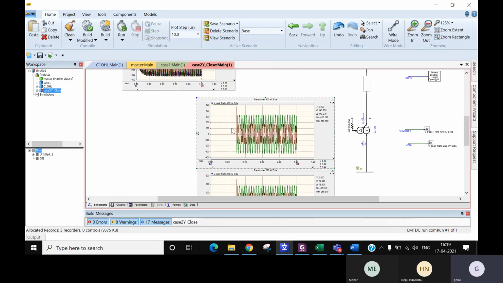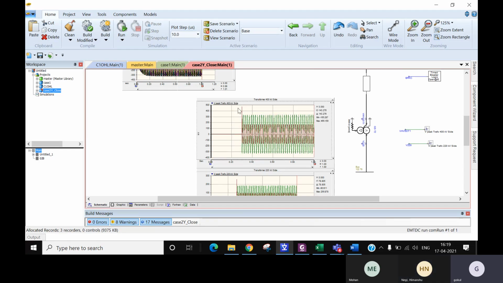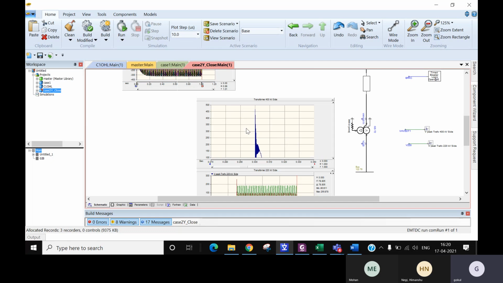So you can check this. There are no oscillations, it's just a normal sine wave. You can't find any abnormal oscillations. The magnitudes are different, but that's because of switching, not because of ferro resonance. With ferro resonance you can see the zigzag in the waveform itself.